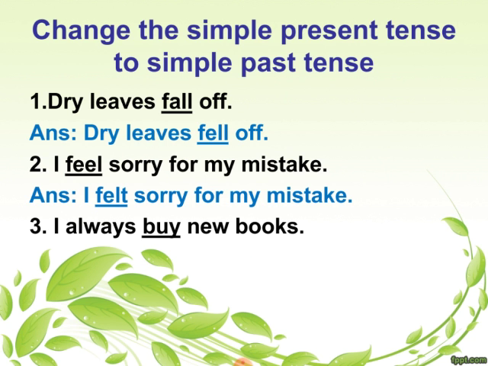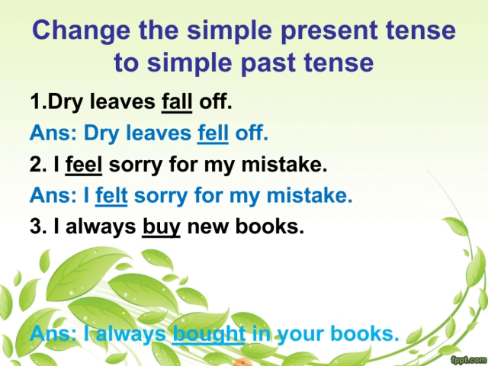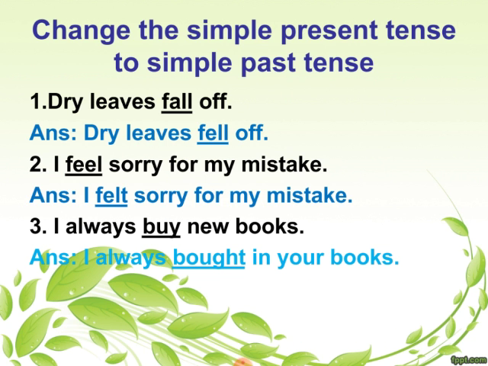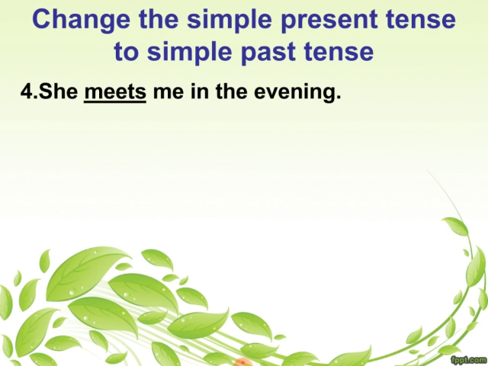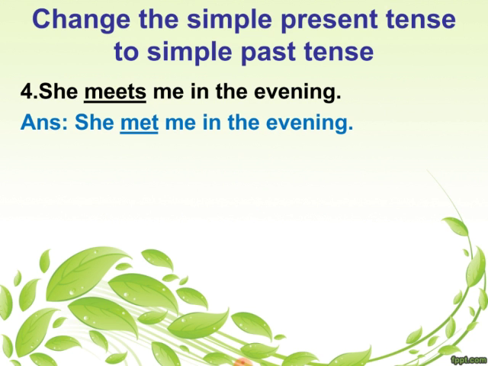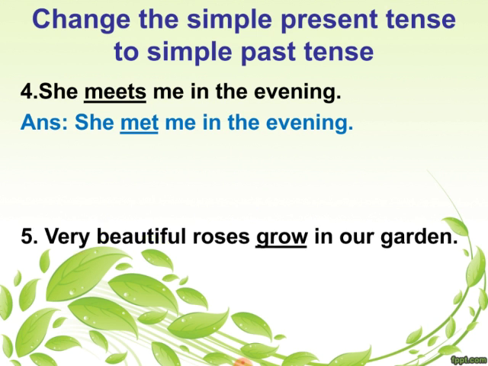I always buy new books. What is the past tense of buy? Bought. I always bought new books. Next example, she meets me in the evening. Meet becomes met. She met me in the evening.